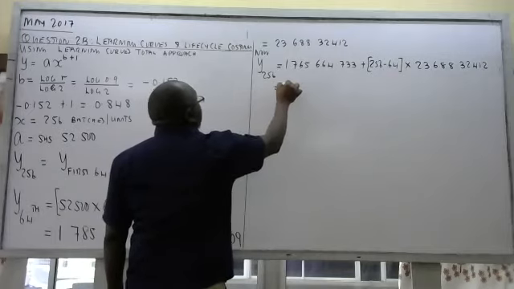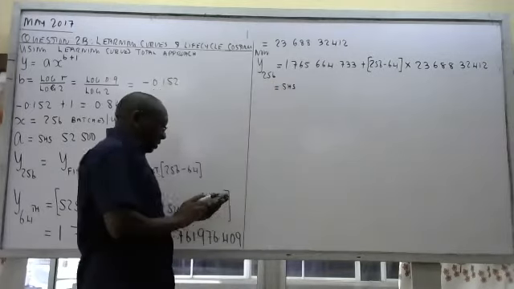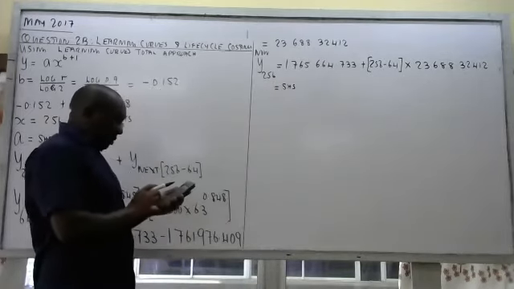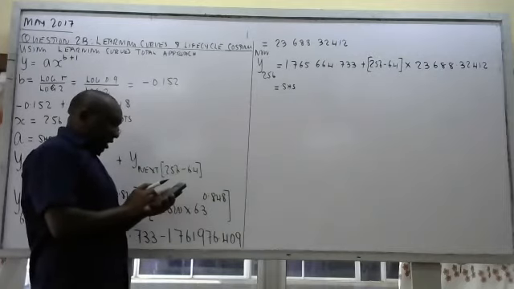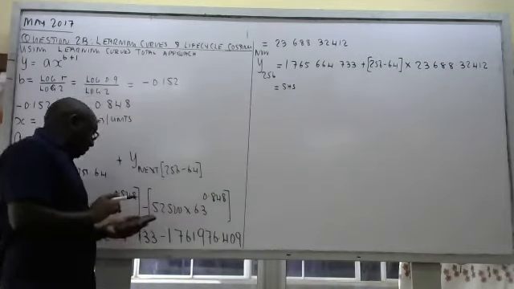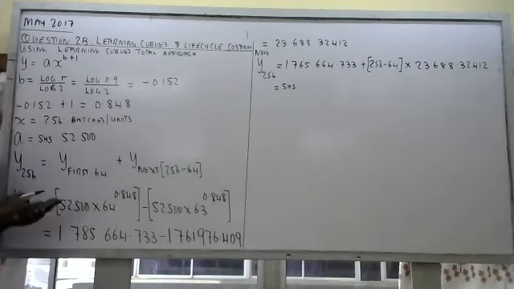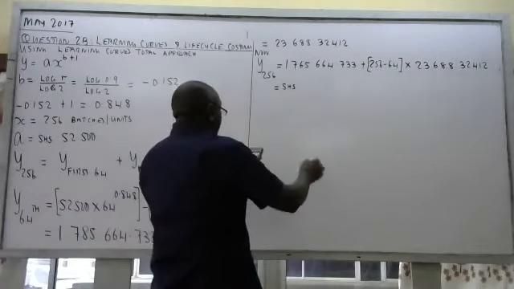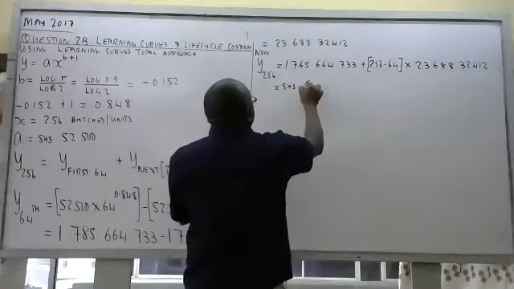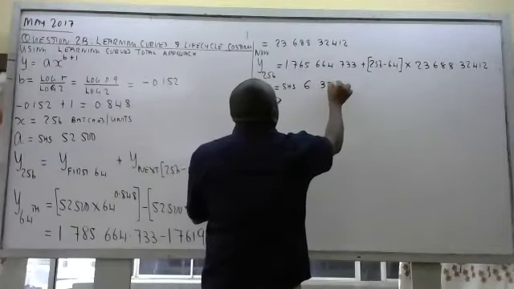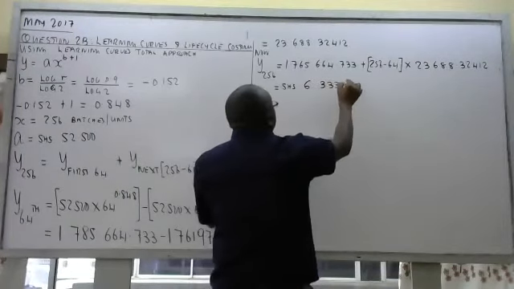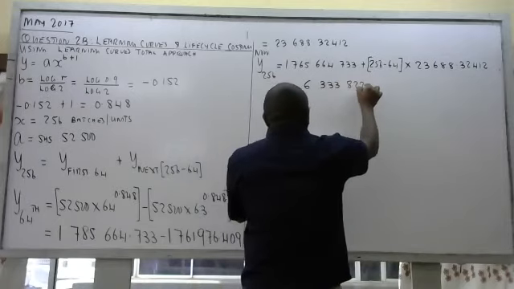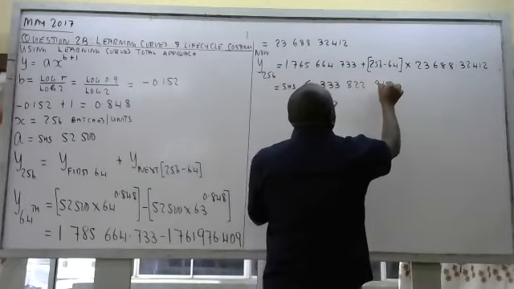So when you work it out, I get 6,333,822.963.